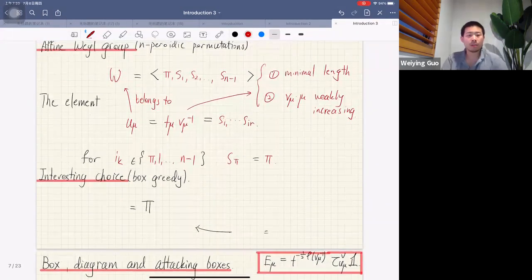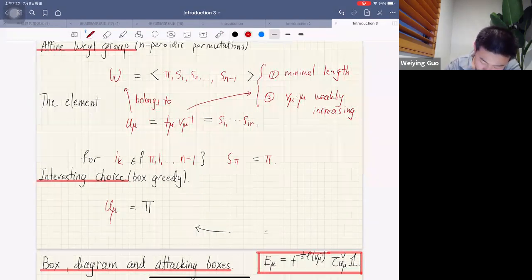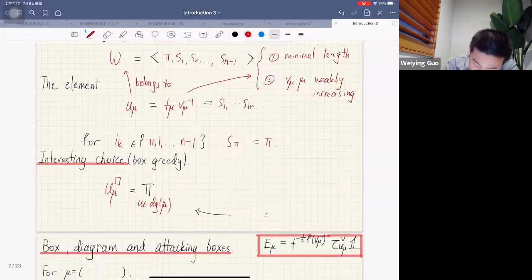One of the interesting choices of the reduced word is called the box-greedy reduced word. For this U mu, where we put a box on top of the U mu, it is a product over the diagram of mu, which I will explain later, in terms of the simple transpositions, a product over S U mu ij times S1.